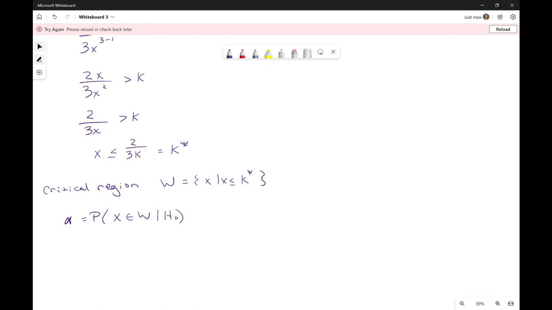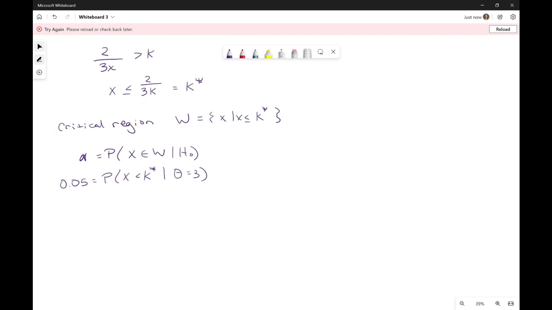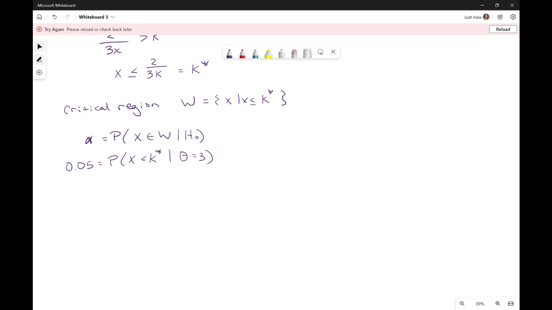Well, plugging in what we know, 0.05 is equal to the probability that, as we just determined what W was, X is less than K star, given that theta is equal to 3. We know that we can find the probability using integration.